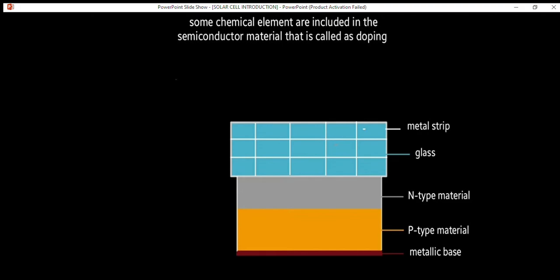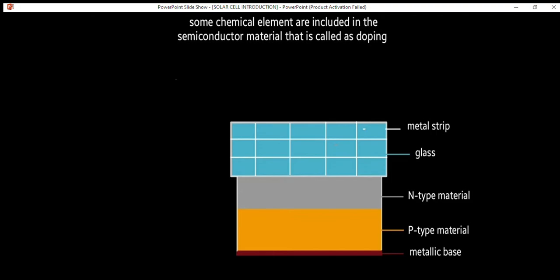Moving next, there is N-type material which is thin, 0.3 micrometer thin, and is a semiconductor material. And then in yellow, there is P-type material which is made up of silicon, lightly doped.